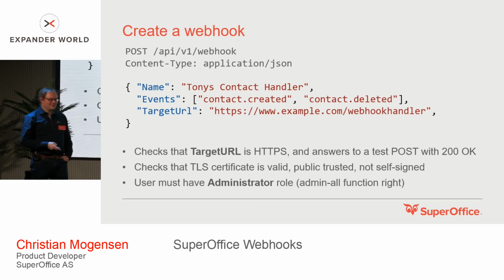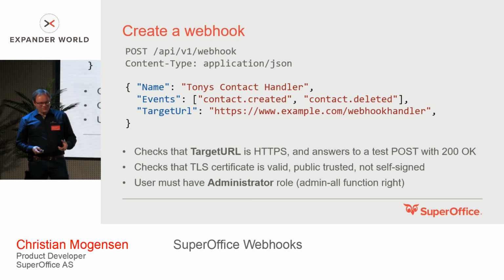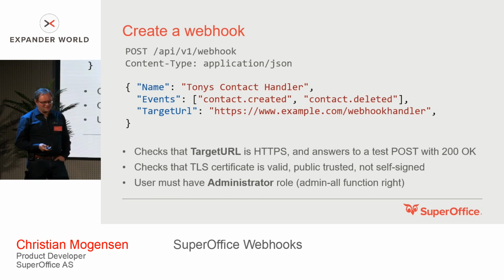And then what NetServer is going to do is check that we've got an HTTPS, and check that the thing answers. If we do a post to it, it should get a valid response. It's going to check that the certificate for the URL is valid, public and trusted.